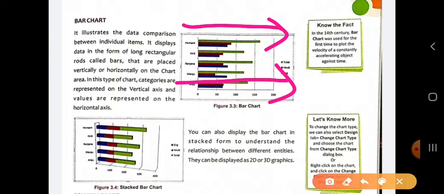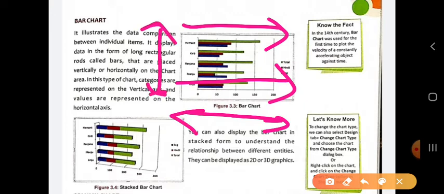Whatever rods are called bars are placed vertically or horizontally on the chart area. In this type of chart, categories are represented on the vertical axis. That means whatever categories were represented over here are represented here, on the left side.